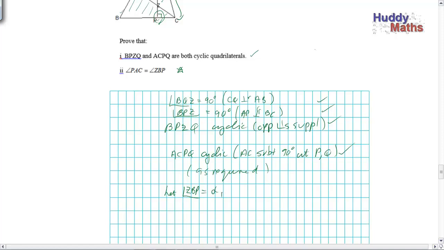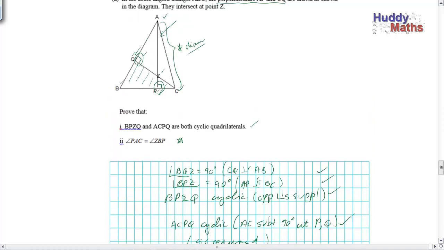We've got to remember they're 90. ZBP is alpha 1. And is there something equal to that?